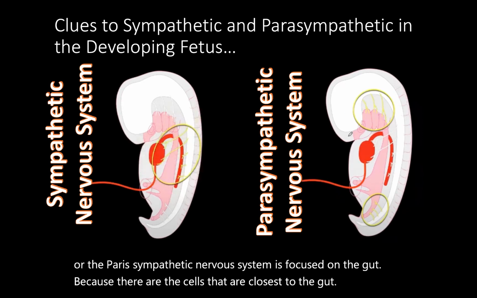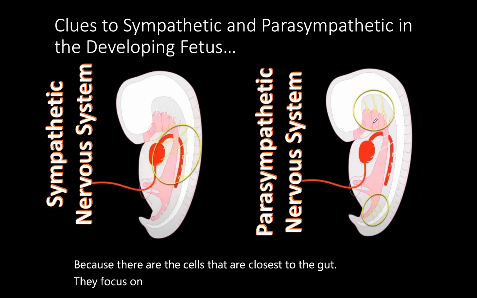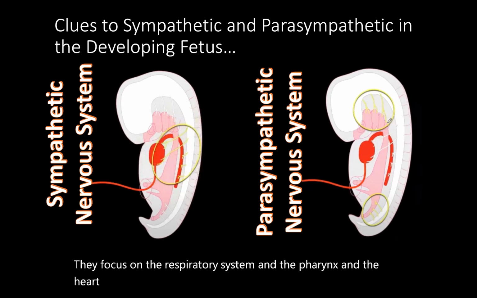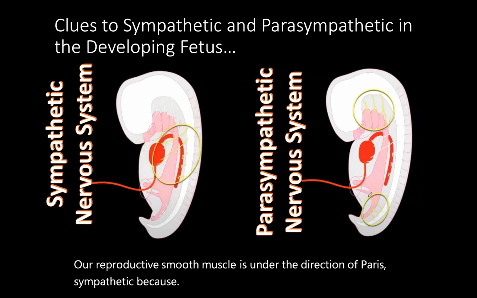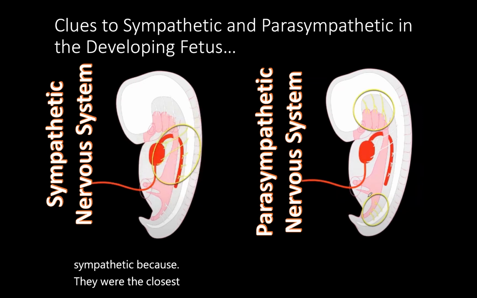Right? They focus on the respiratory system and the pharynx and the heart because that's what was closest. Our reproductive smooth muscle is under the direction of parasympathetic because they were the closest cells to that area. All right.